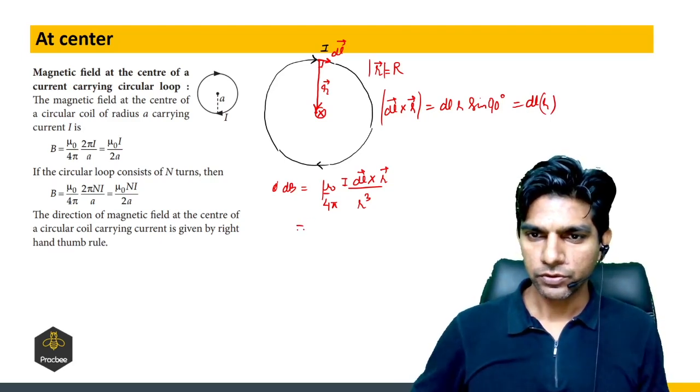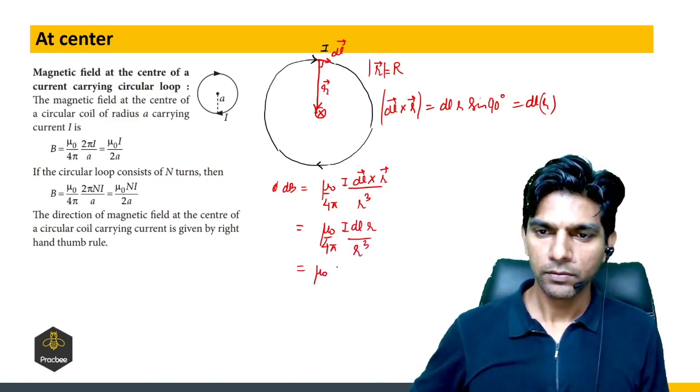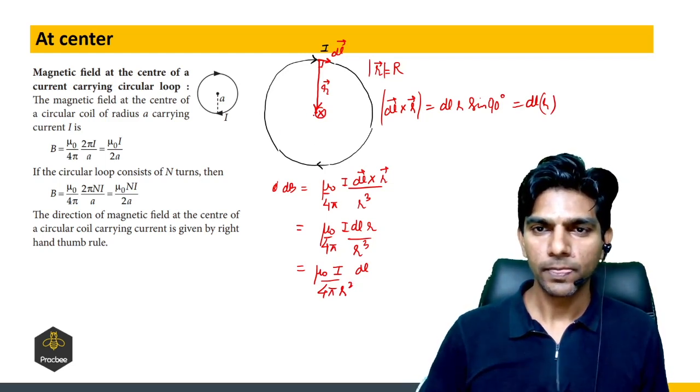Okay, now if I substitute these values, so we have mu naught upon 4 pi I dl r upon r cube. So this will be mu naught I upon 4 pi r square times dl. Now this r is nothing but the radius of the loop.